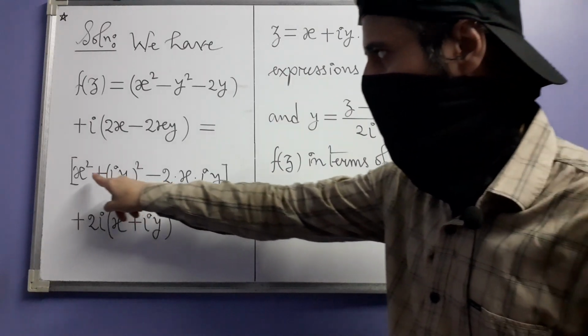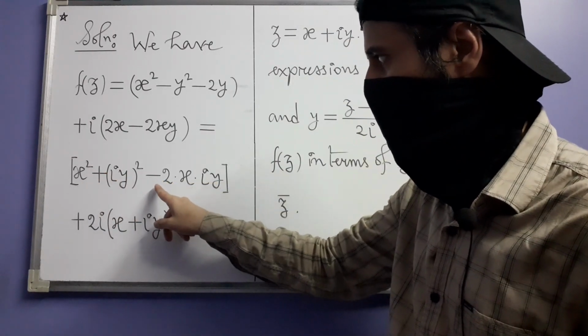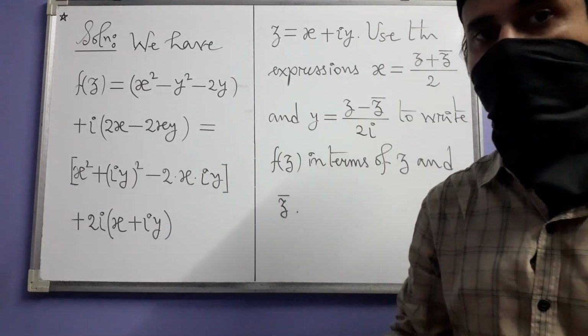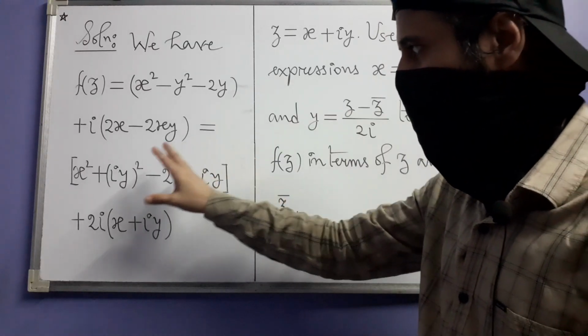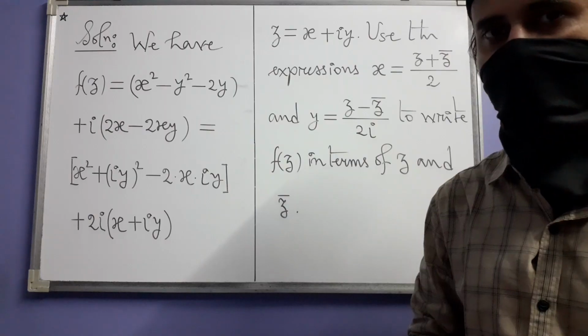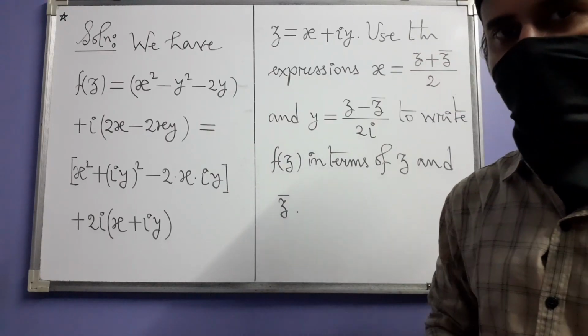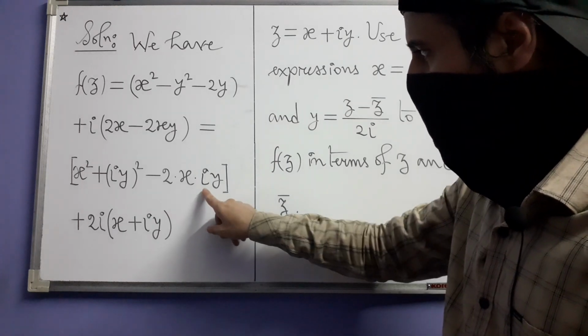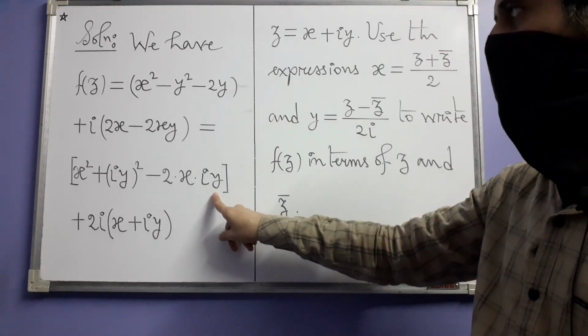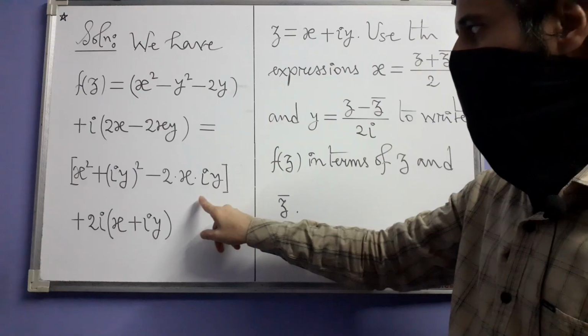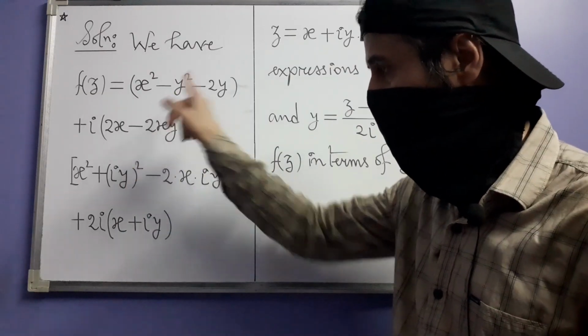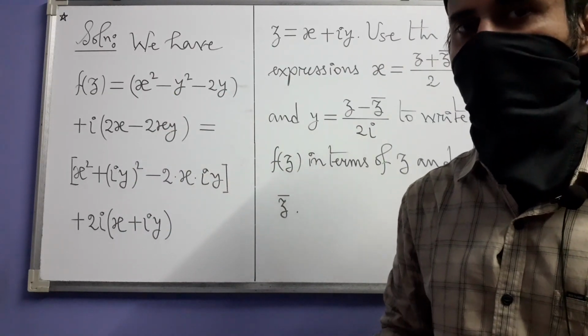That is because I have an x squared here, and here I am having minus 2 times x times something. So there is a possibility of having a square here, and that too a square of something which we need. So the rest here is iy, and very nicely the square of iy is what you have here, because that's minus y squared.